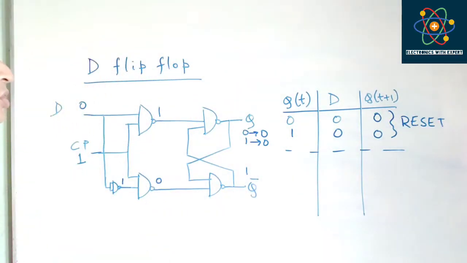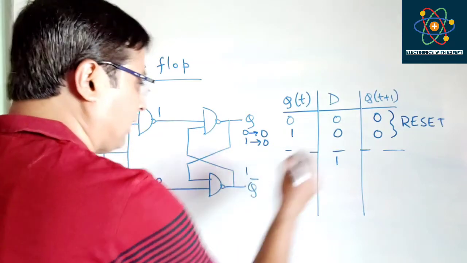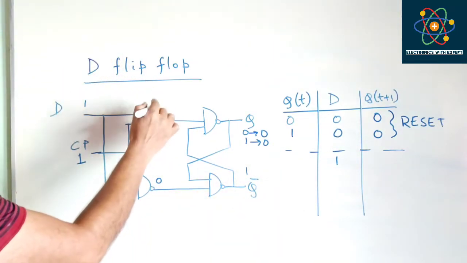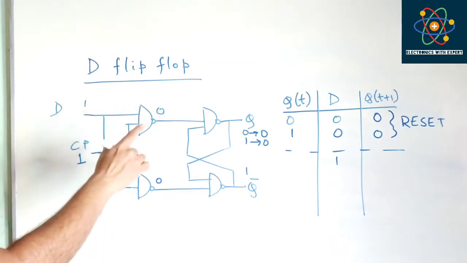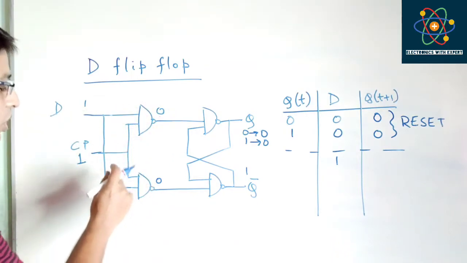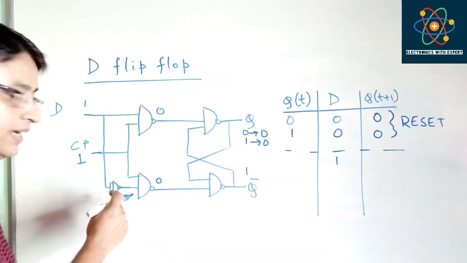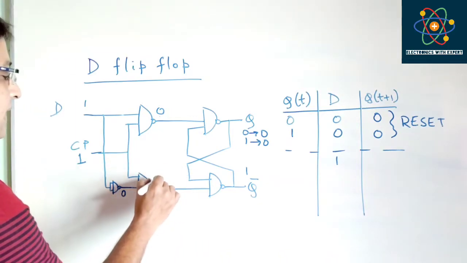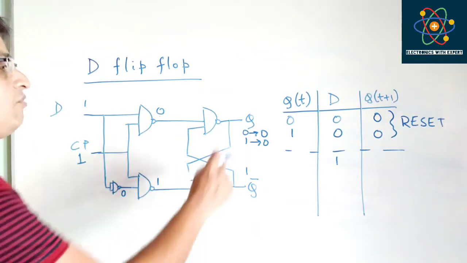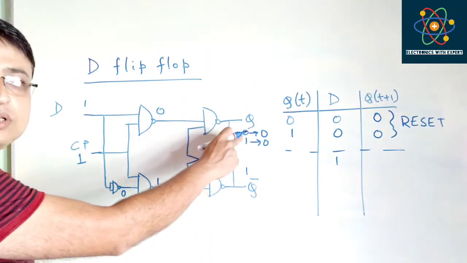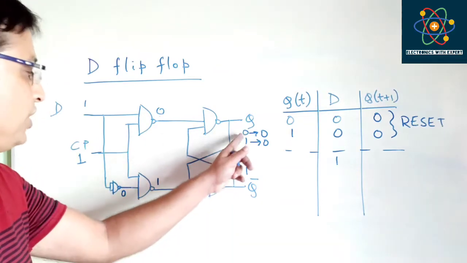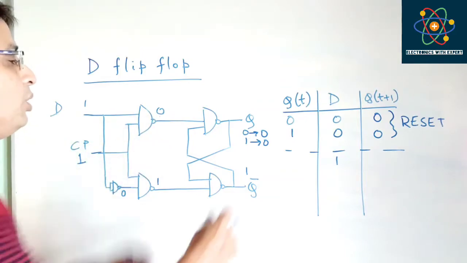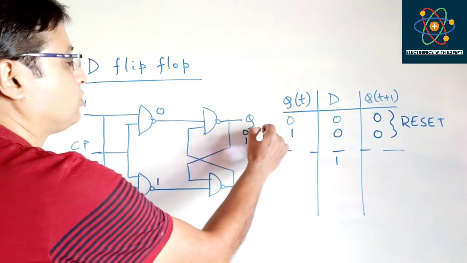Now let's move on to D equals 1. If D becomes 1, then this NAND gate output should give 0, and this NAND gate acting as a NOT gate will give output 0. So this makes this NAND gate output equal to 1. For Qt, the previous state output, equal to 0, it makes 0 and 1 means 1, and 1 and 0 makes this output equal to 1.